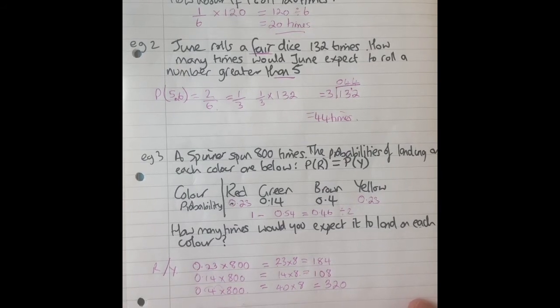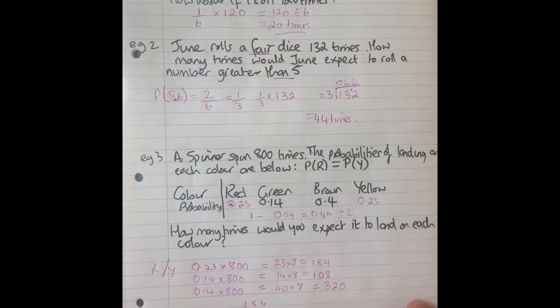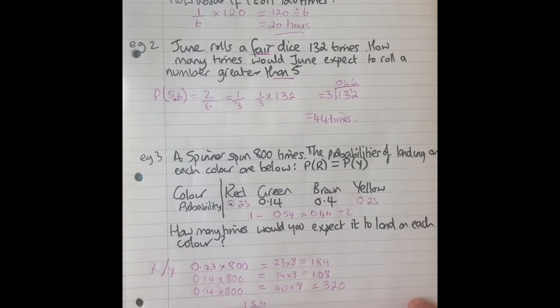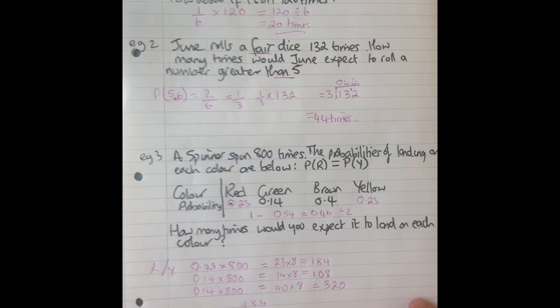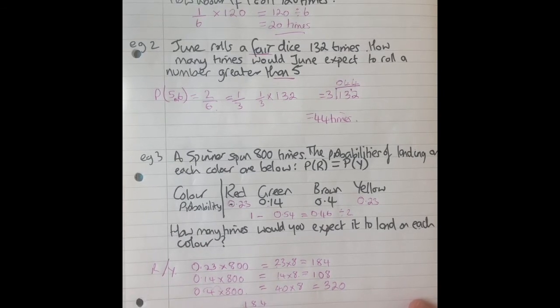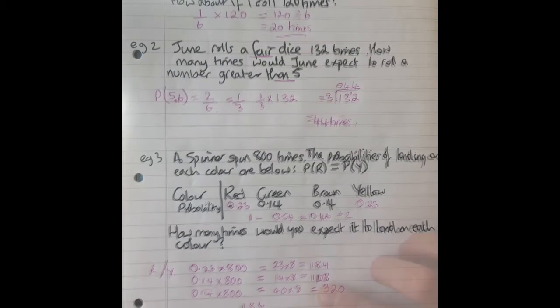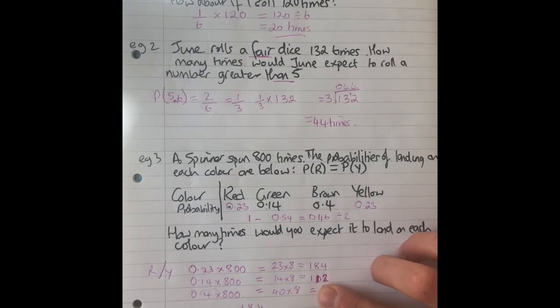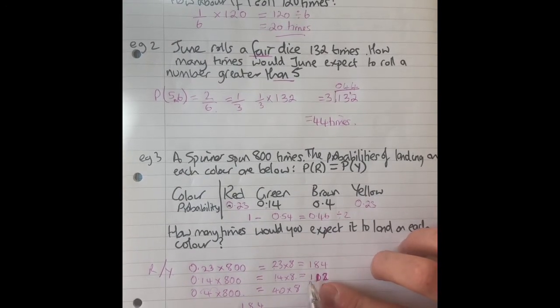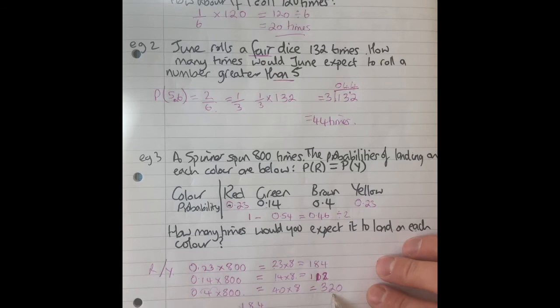320 plus 184 twice, plus 108, that should equal 800. 8, 12, 16, so something's gone wrong there. So 14 times 8 is 112, and then 40 times 8 is 320.